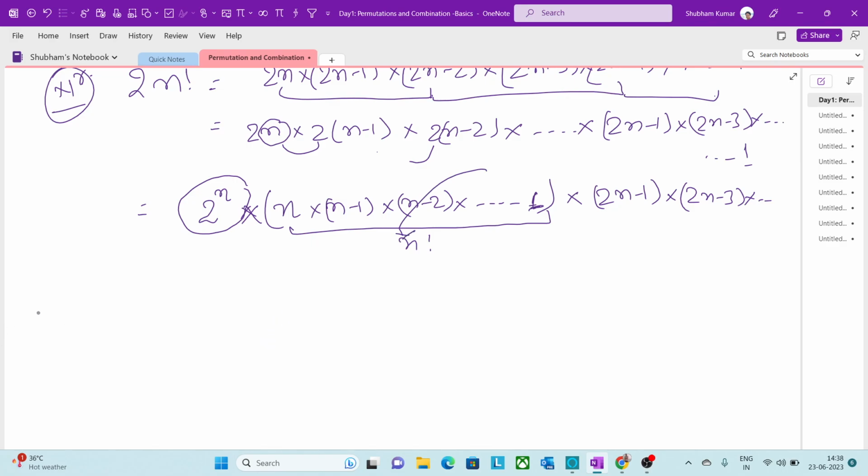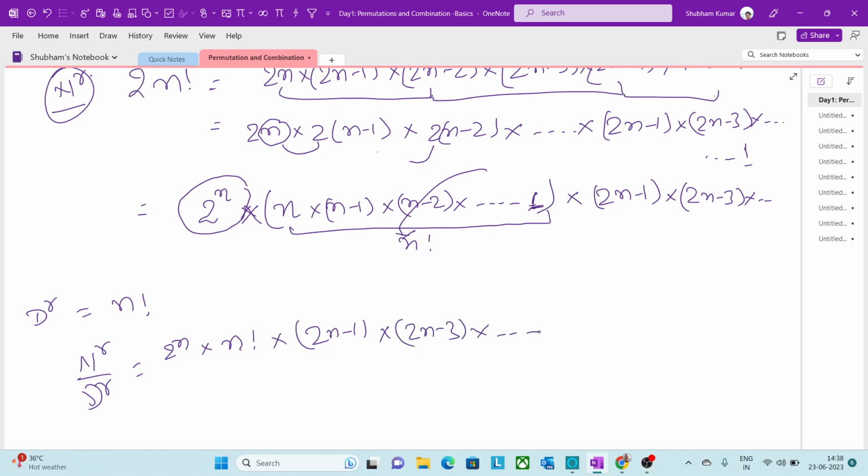Okay, now we have in the denominator n factorial. So when we say numerator upon denominator, basically my numerator would come out to be 2 to the power n into n factorial and 2n minus 1 into 2n minus 3, divided by n factorial.